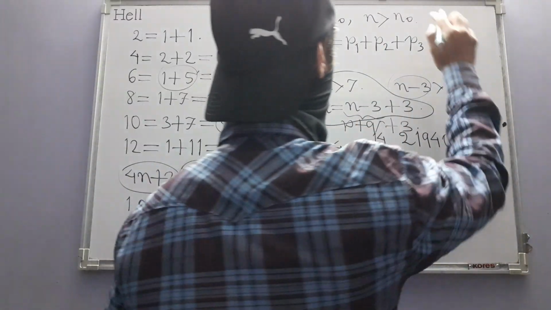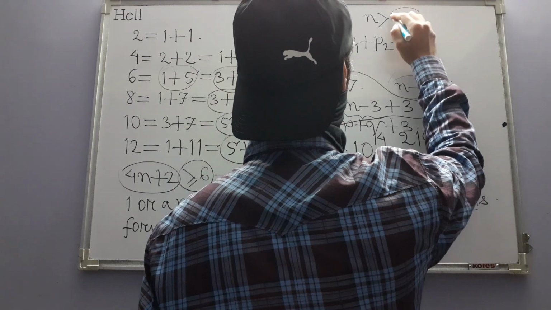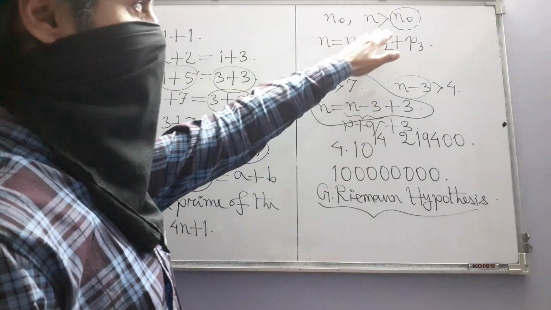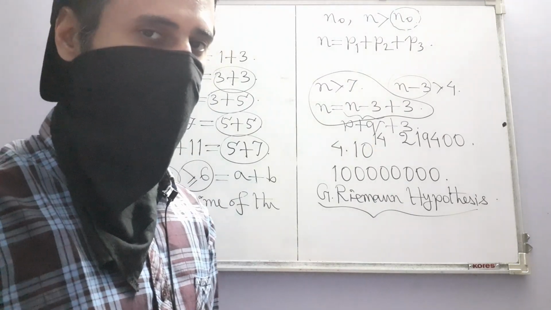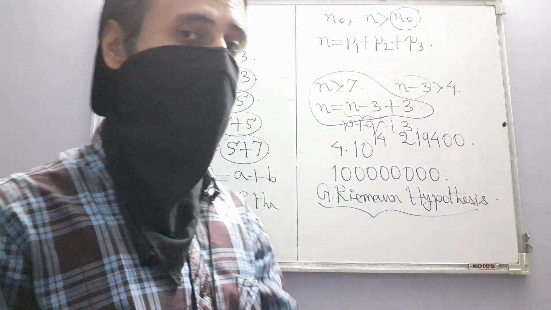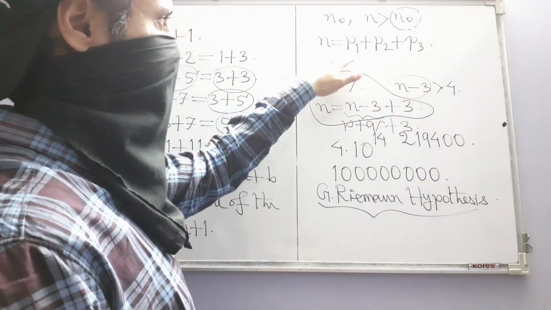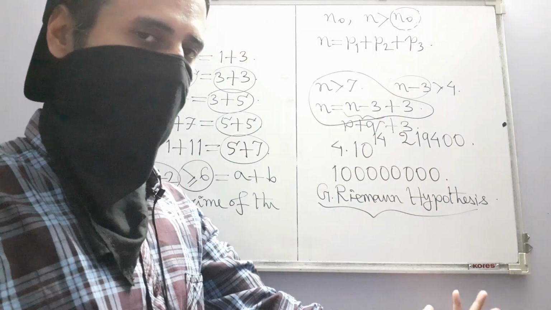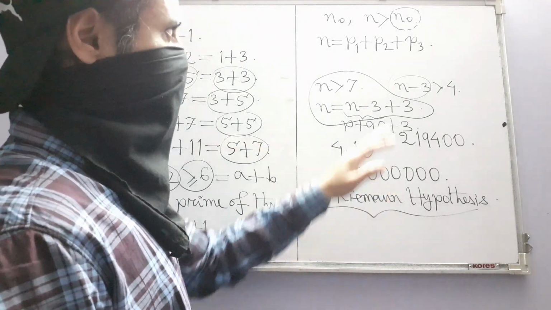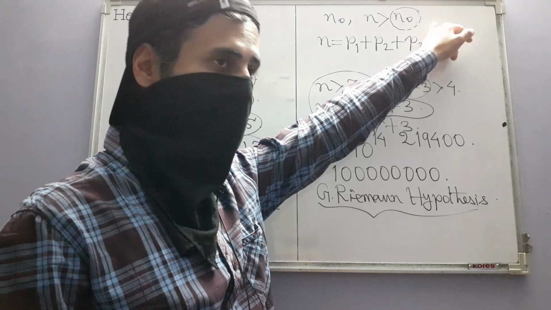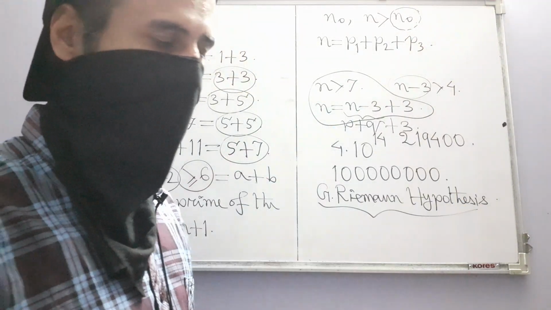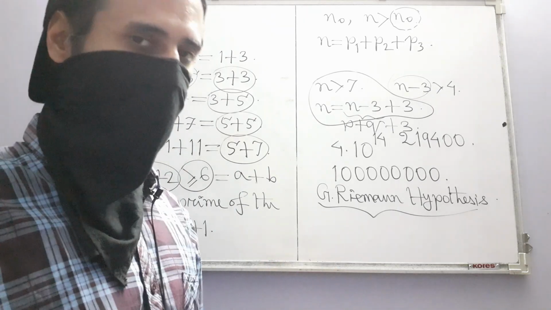However, the problem is that Vinogradov was unable to show how large n naught should be. So that tells us that this proof is an existence proof. Hardy and Littlewood started this, and all of them showed that such an n naught should exist. Nothing else is known about n naught.